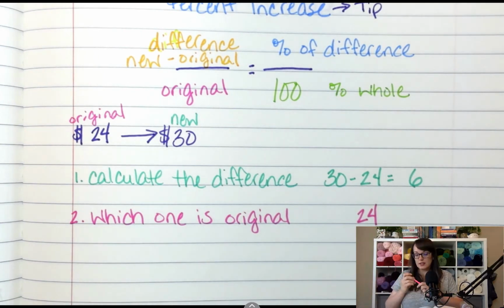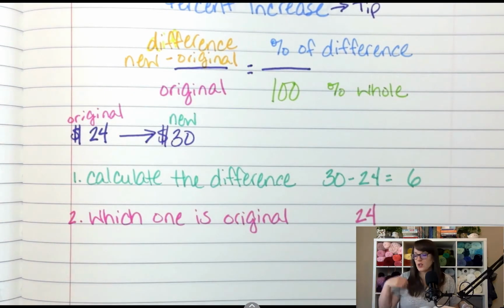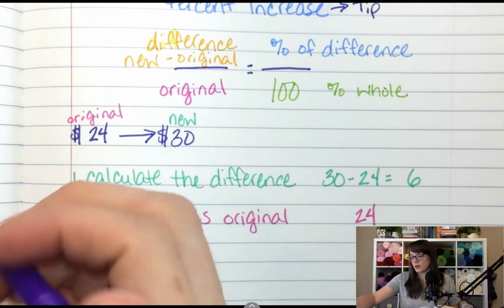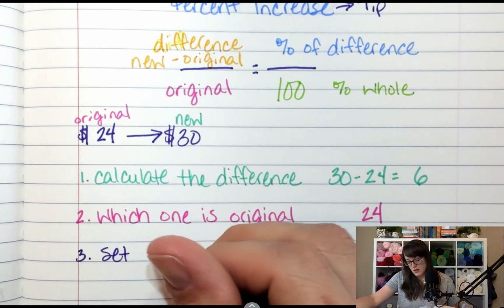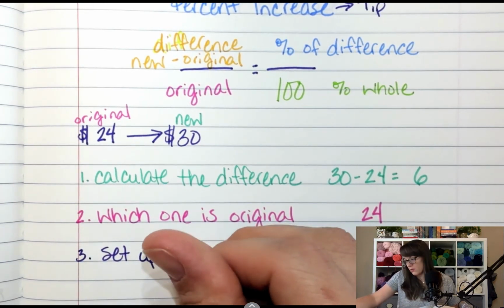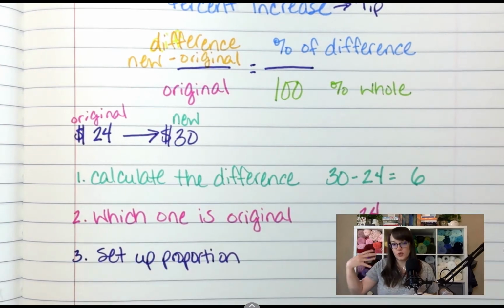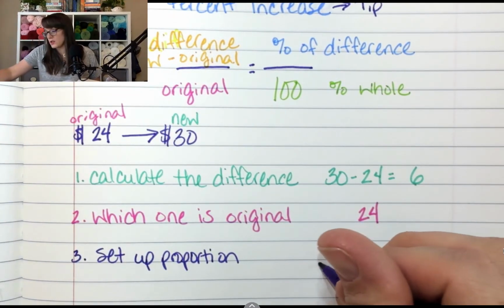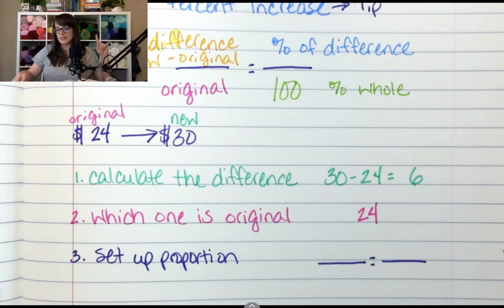Okay. Does it tell me the percent that it changed? No, I do not know this. So my next step is to set up a proportion. And we know we cross multiply and divide. So if my proportion looks like this, what was the difference?